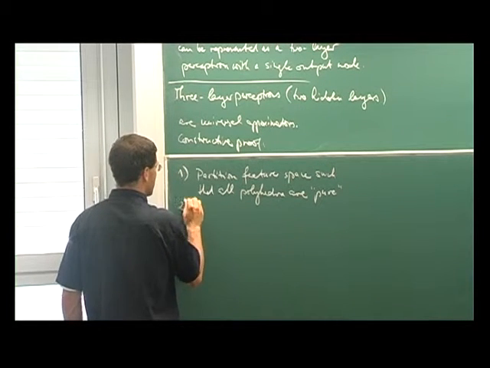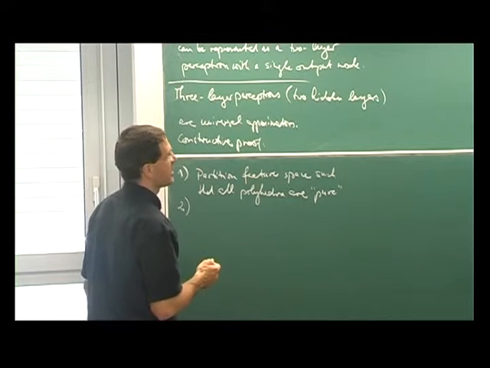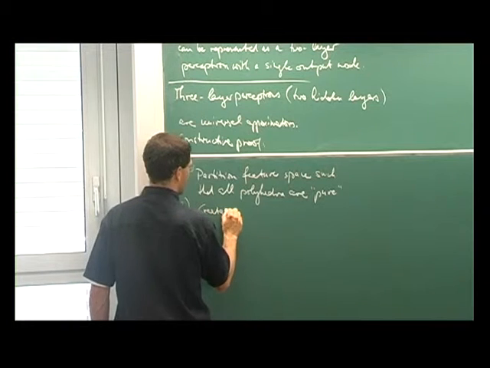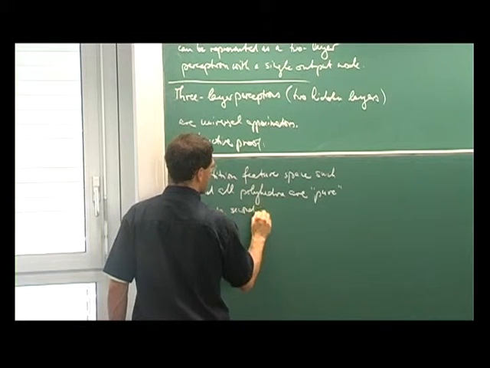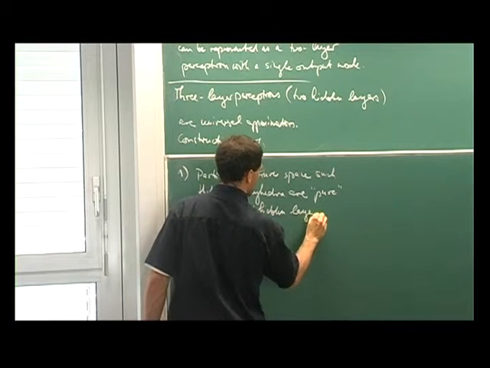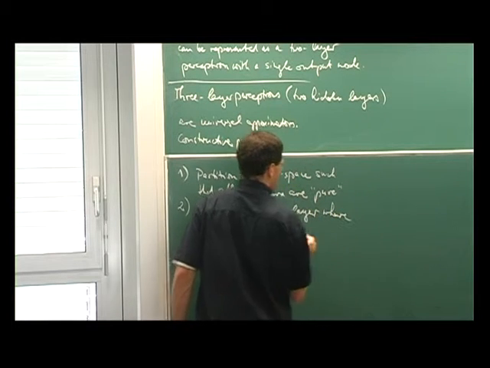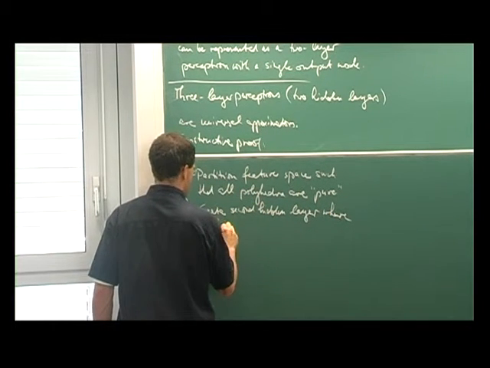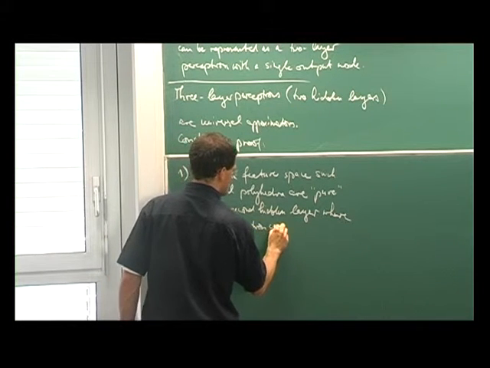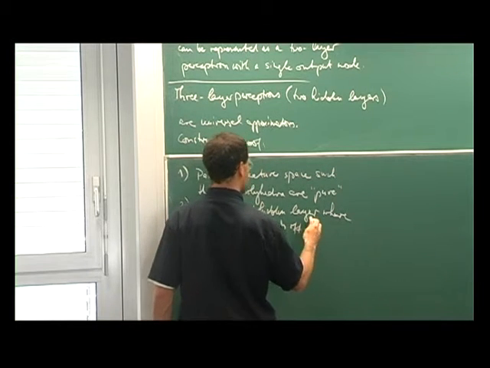And then secondly, you will add another hidden layer where you create a second hidden layer where each perceptron cuts off a single corner of the hypercube.